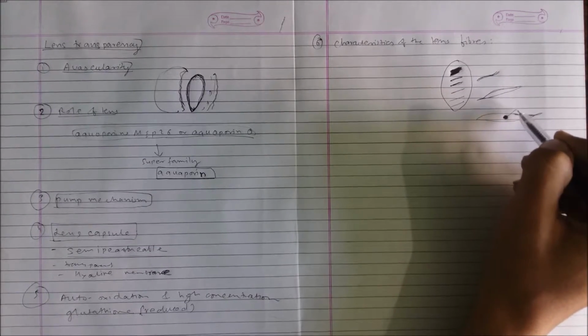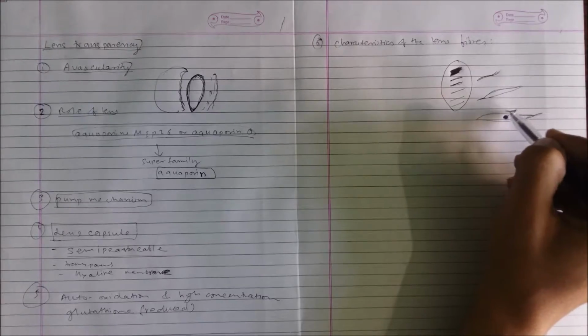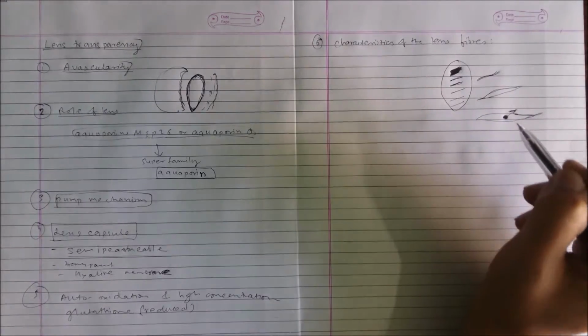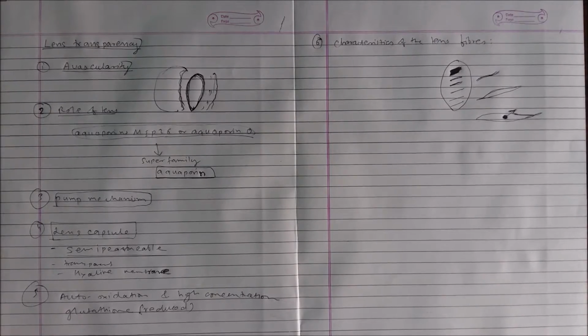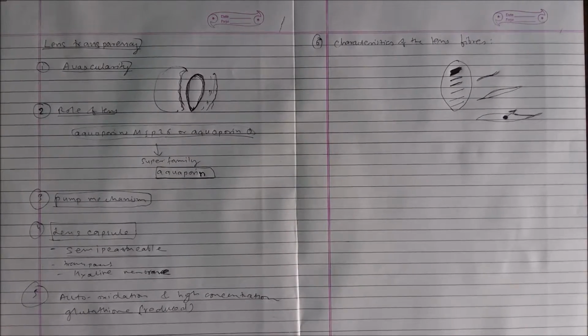When these organelles go off from the cell, this also helps in maintaining the transparency of the lens. So these are the basic 6 factors that help in maintaining lens transparency.